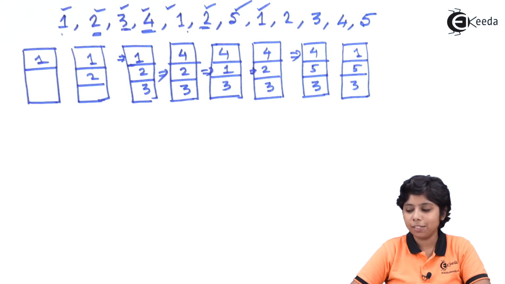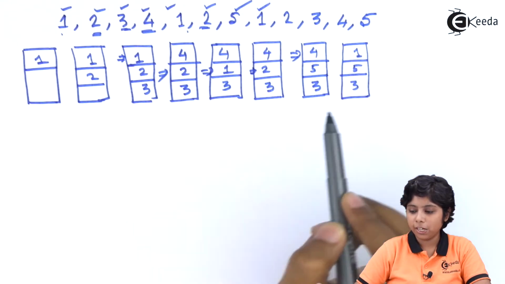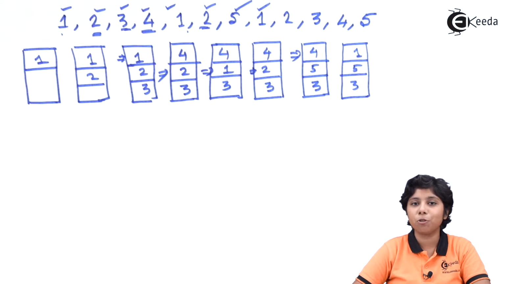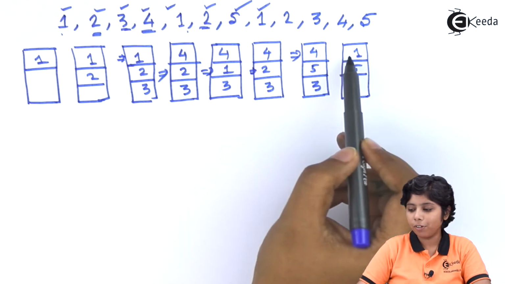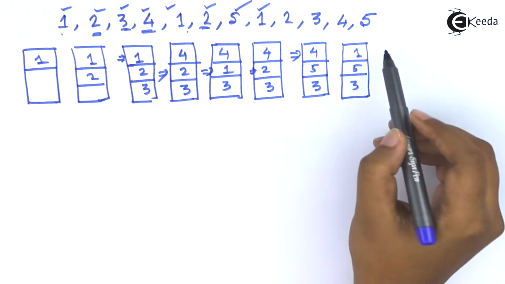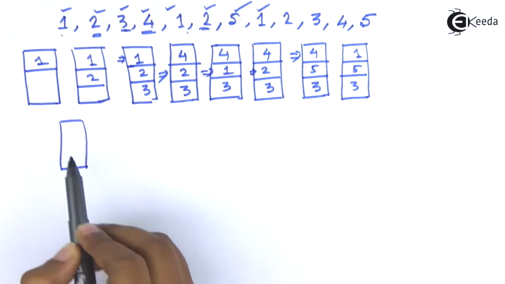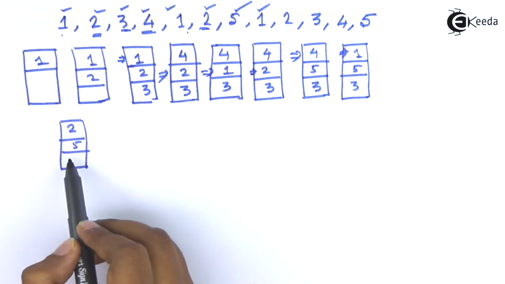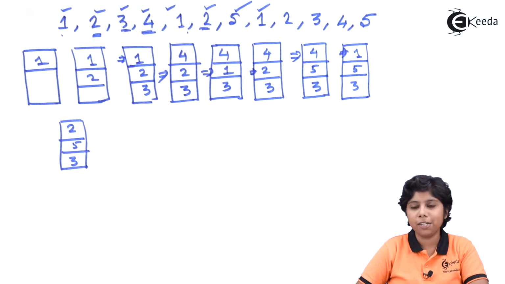Now 2 is coming, so between 1, 5 and 3, obviously 1 is the one which is most frequently used, so 1 will be replaced with 2. Now 3 is coming and it is already in the memory, so it will not cause any page fault.